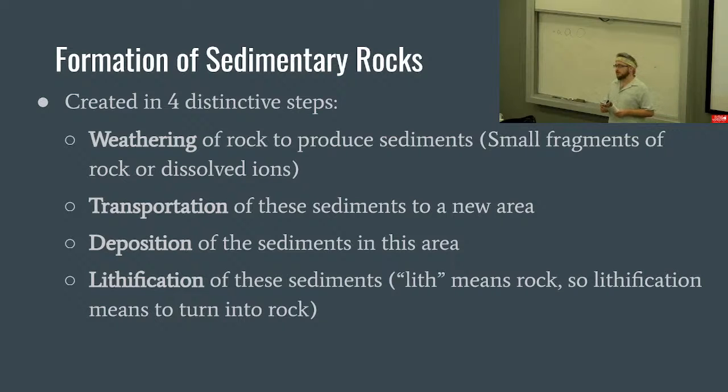Another thing about transportation, when we look at the sediment types or particle sizes as well, higher velocity water or wind is required to move denser, bigger sediments.